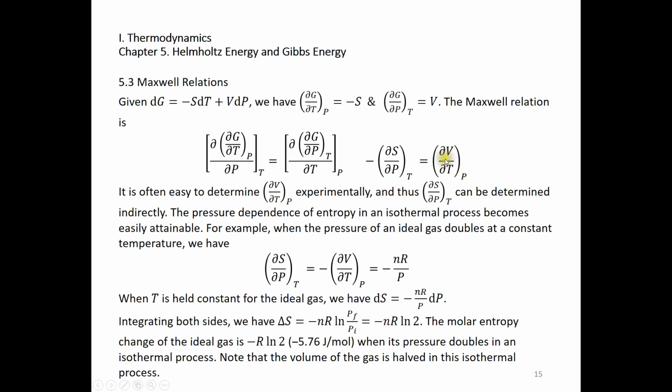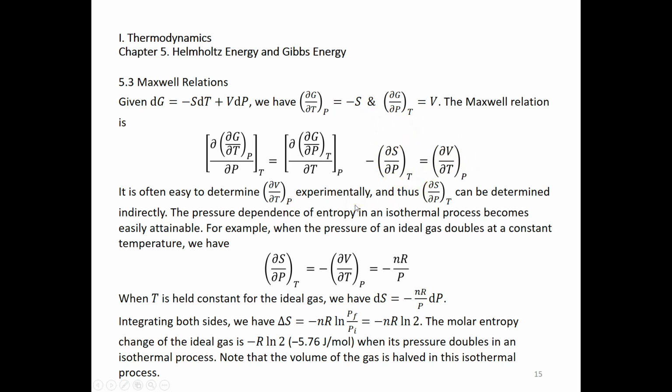For an ideal gas, it's really easy to derive. For a real gas, it's close to nR over P. For a solid or liquid, this is simply alpha times V, and alpha is just a constant. So it's easy to determine this and then determine this, and then we know how entropy depends on pressure.